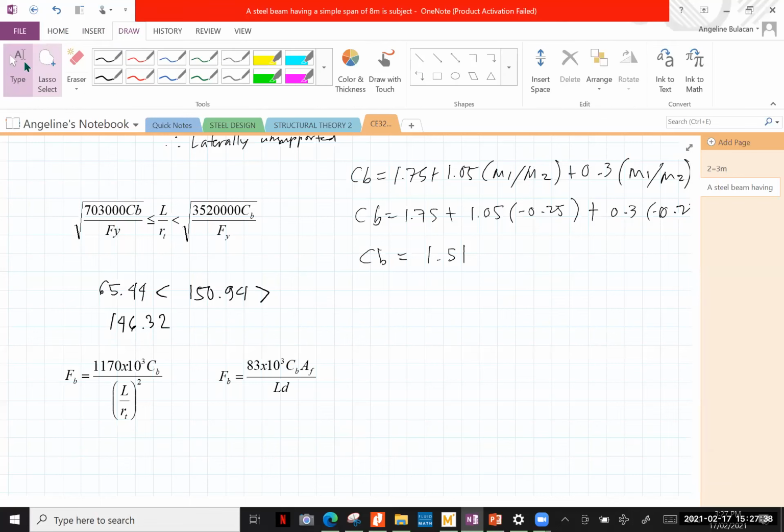Computing now. Compute natin. So magiging FB is equal to 77.68.